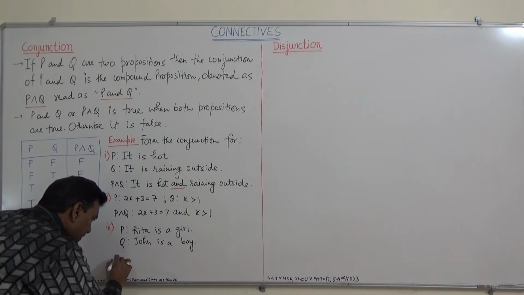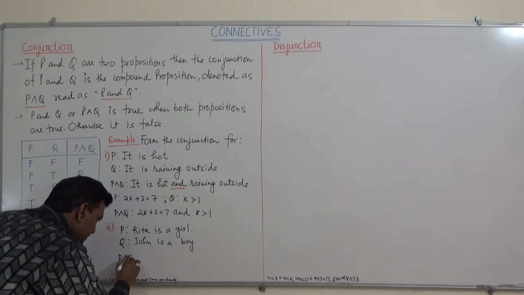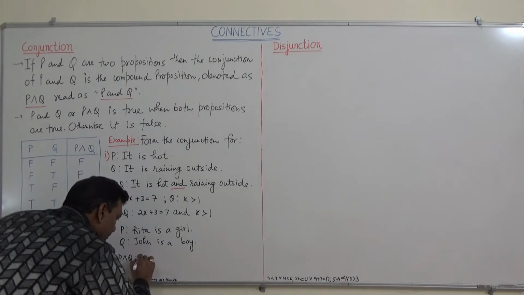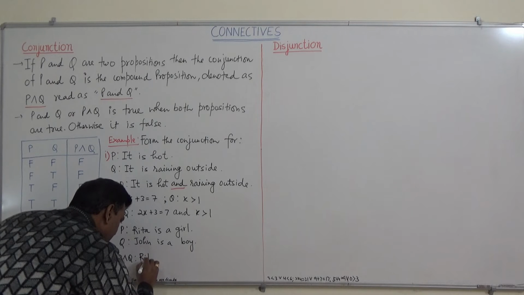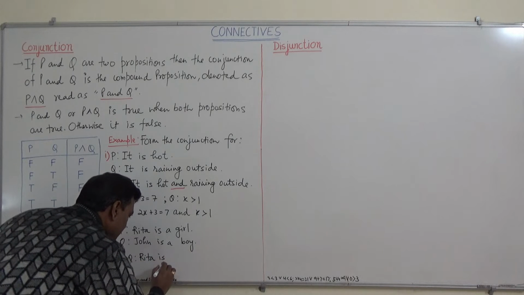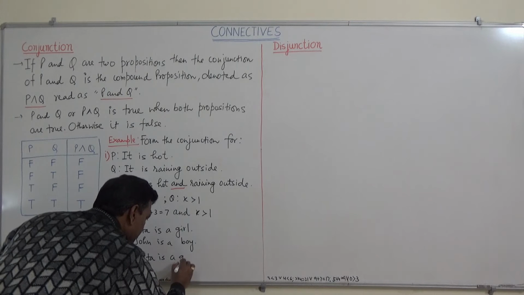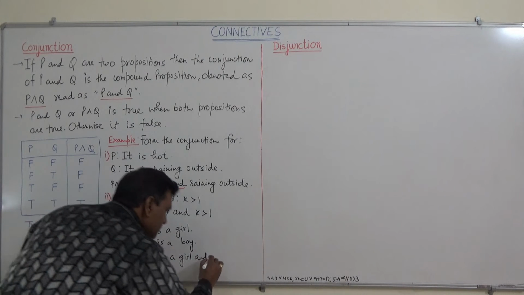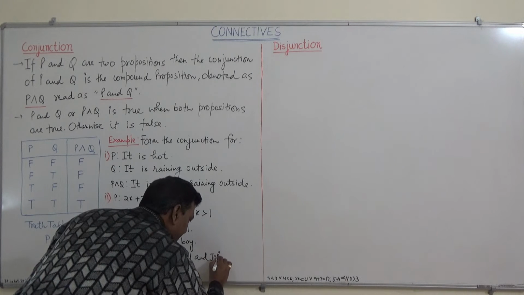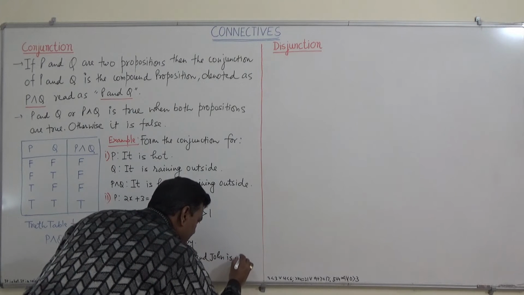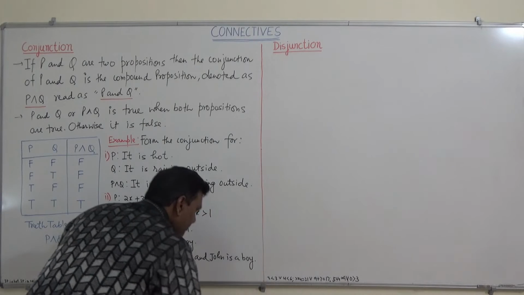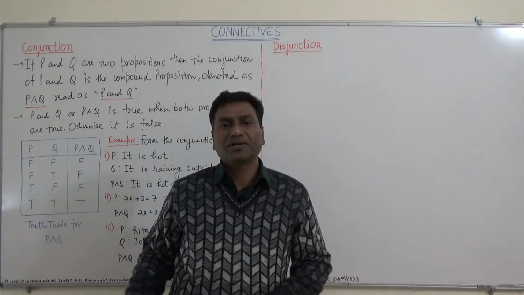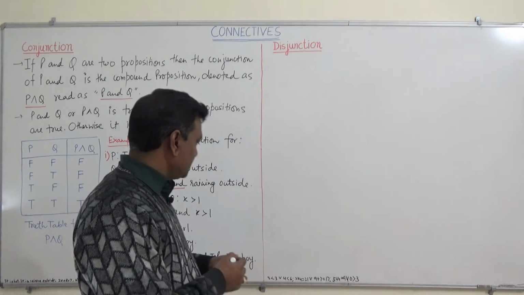Then we can form the conjunction for these two propositions, that is P and Q: Rita is a girl and John is a boy. In this way we can form the conjunction for different propositions.